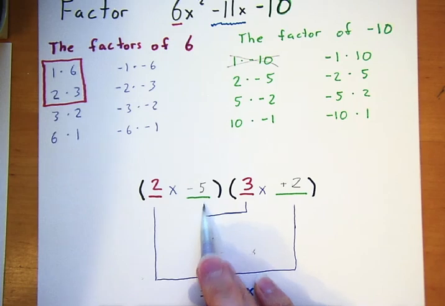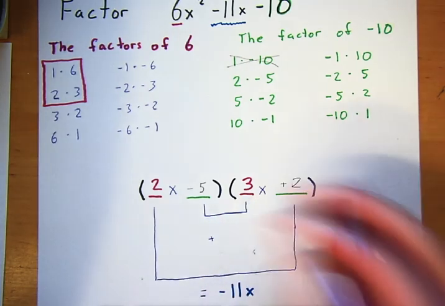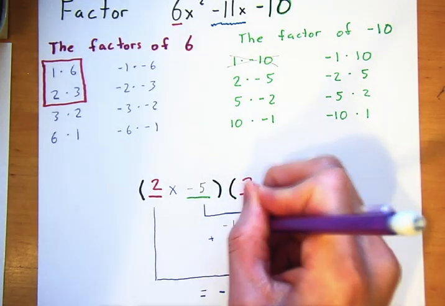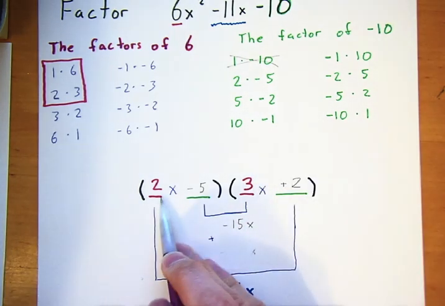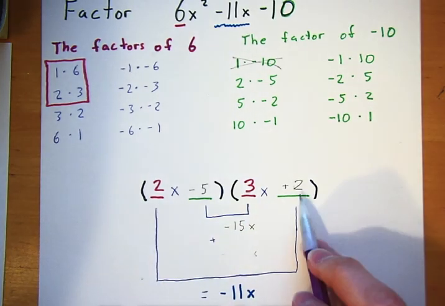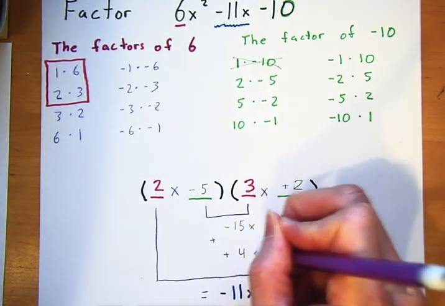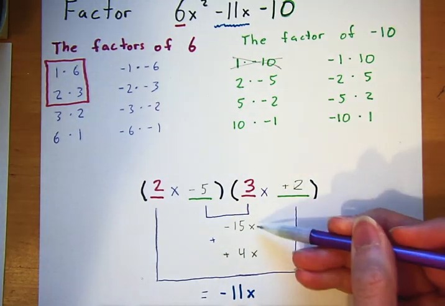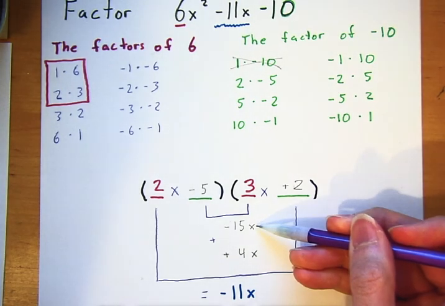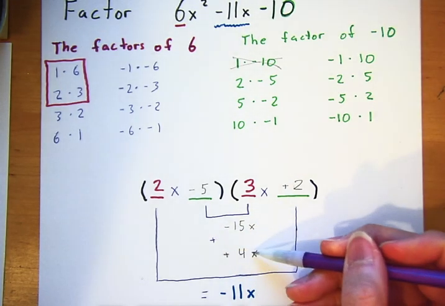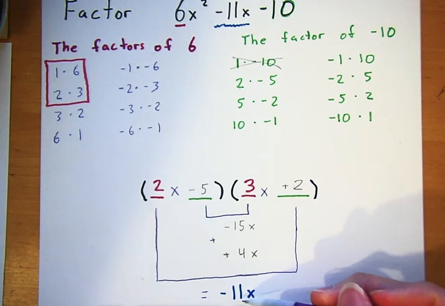Negative 5 multiplied by 3x gets you negative 15x. Positive 2 multiplied by positive 2 gets you positive 4x. Negative 15x plus 4x does get you this.